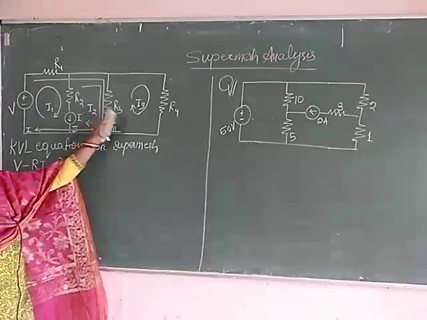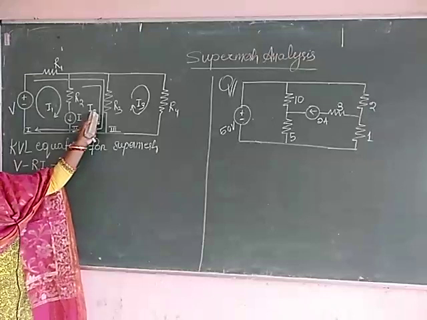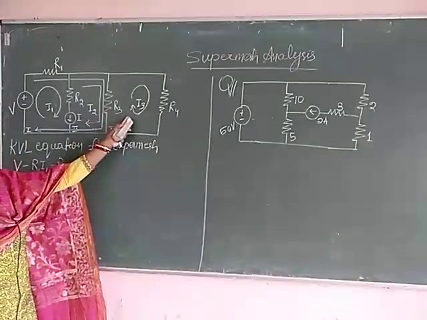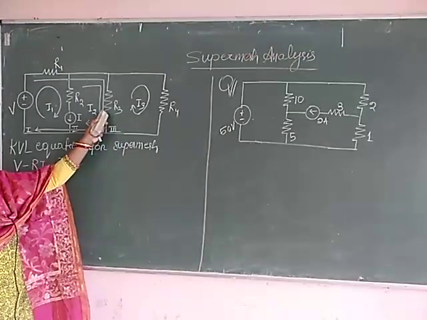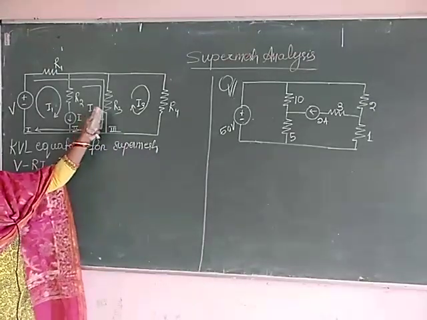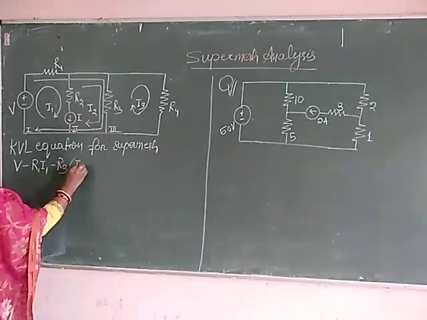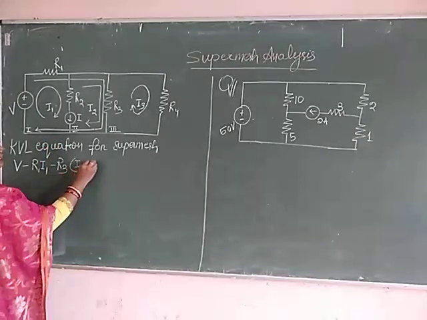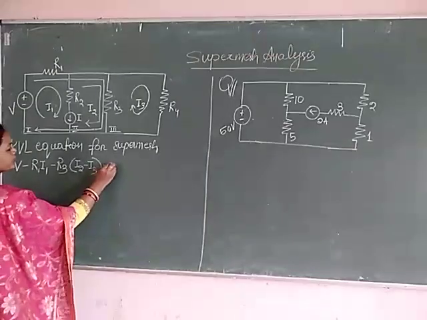Both loop currents I2 and I3 flow, and as these two loop currents I2 and I3 are opposite to each other, the resulting current flowing through R3 is the subtraction of I2 and I3. Hence I multiply the resulting current flowing through R3, I2 minus I3, and the sum is equal to 0.